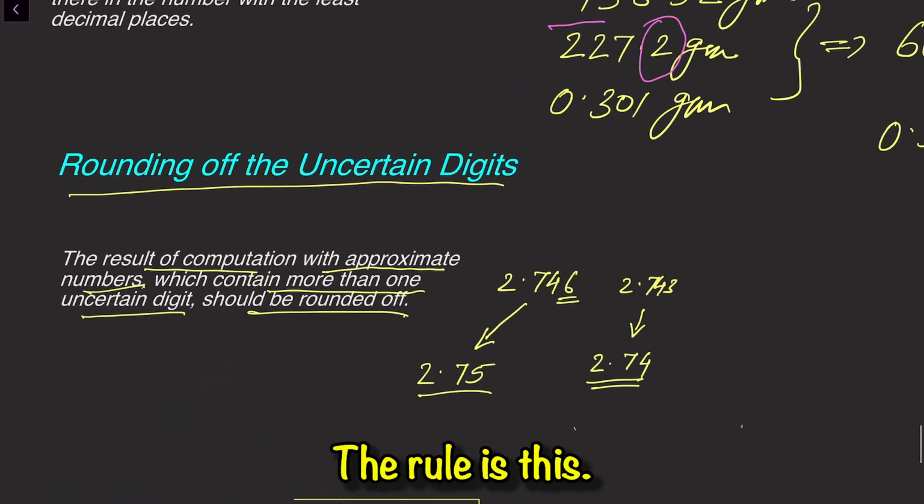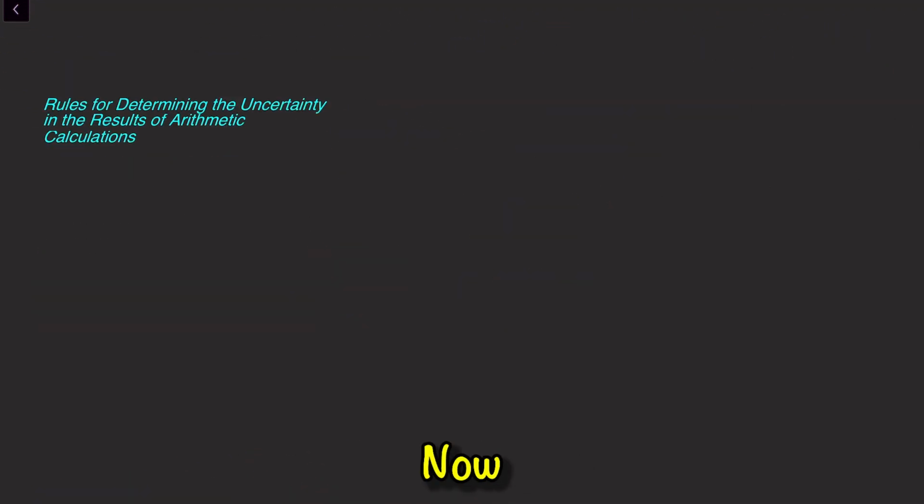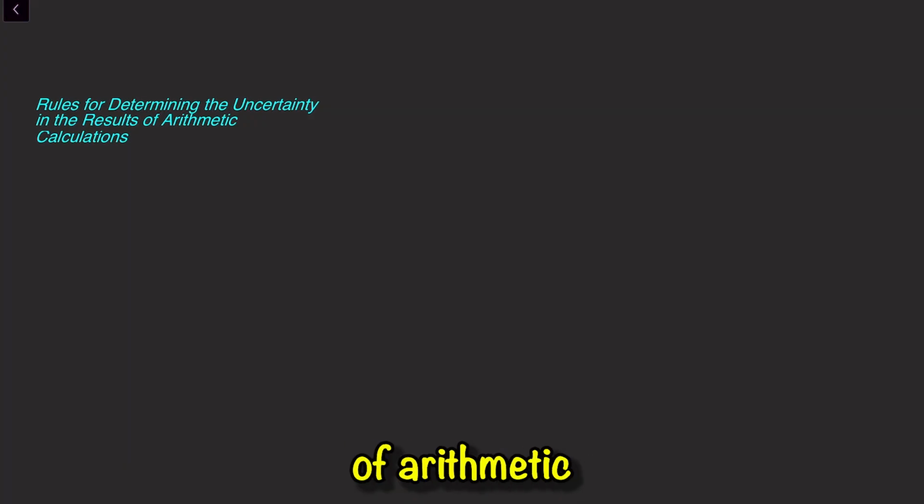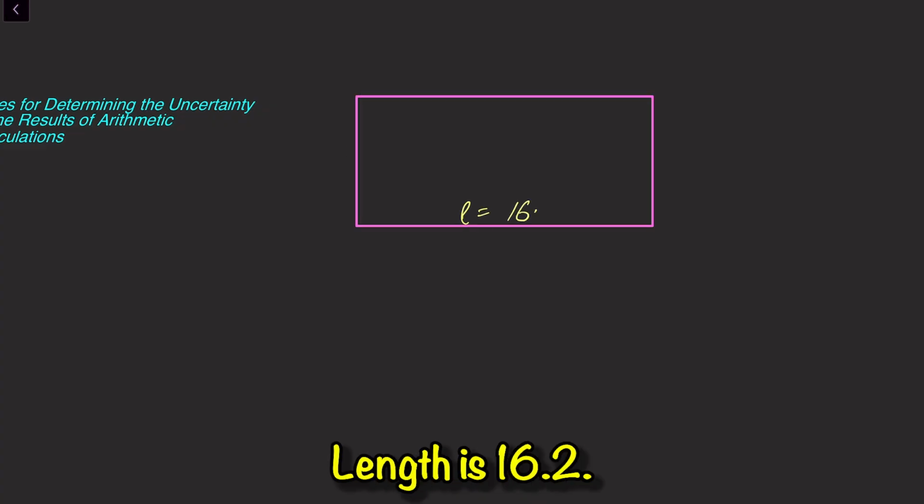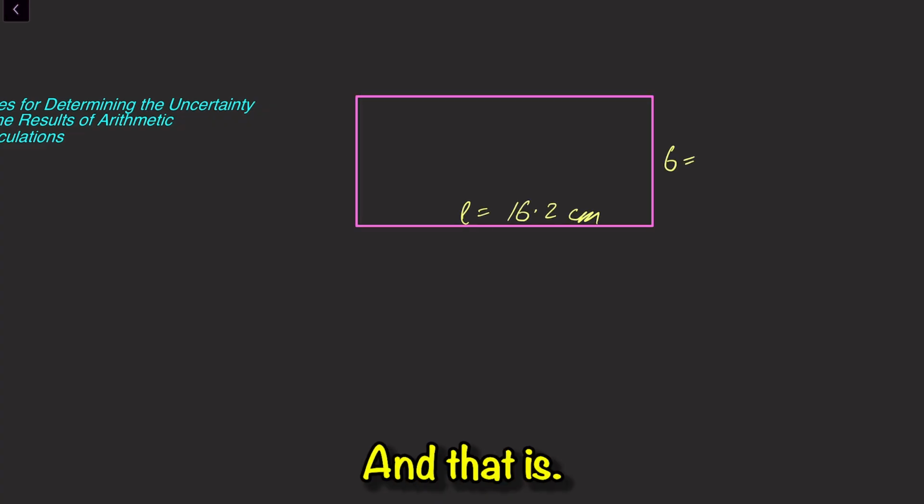The rule is this. Now, what are the rules for determining the uncertainty in results of arithmetic calculation? Let's say we have this rectangular sheet. Length is 16.2 and breadth is 10.2.